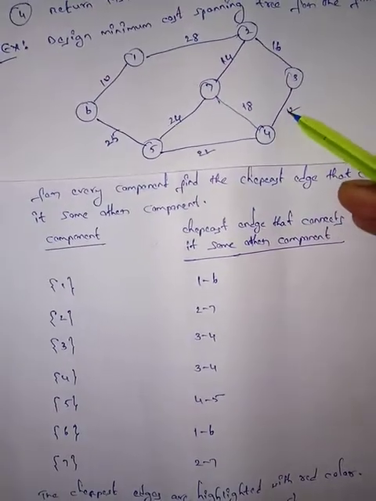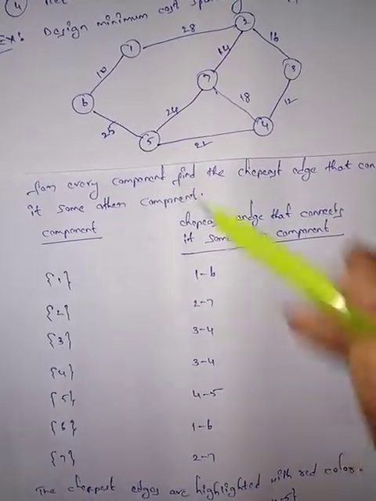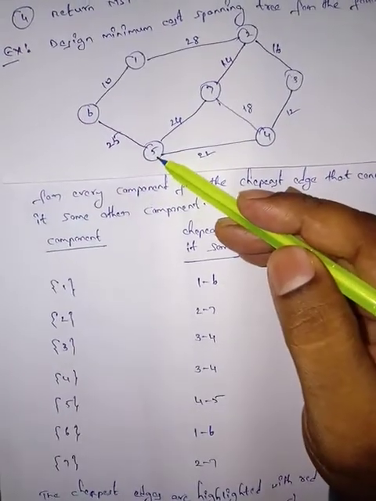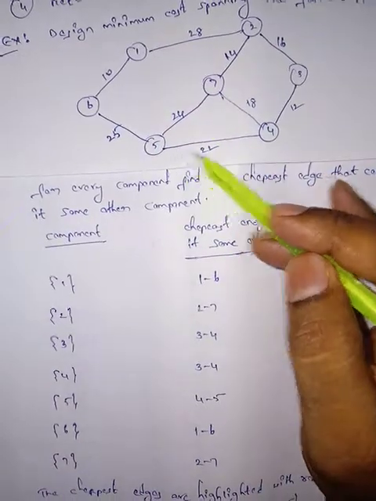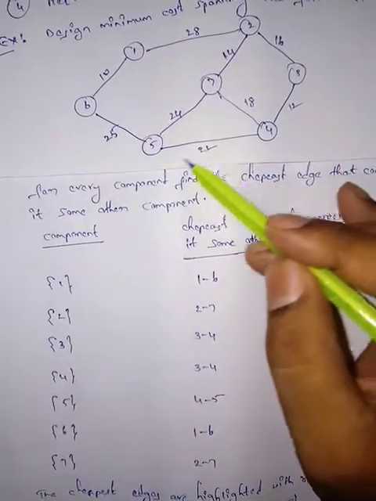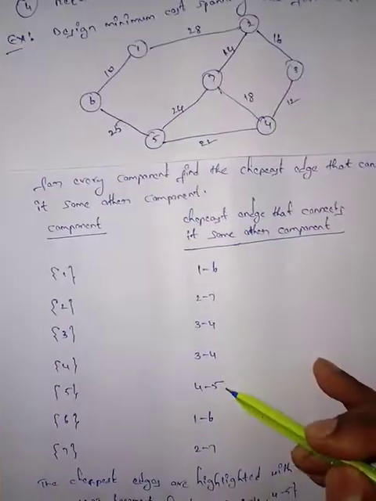This is the minimum cost, 3 to 4. Again 5. Here 5 is connected with 3 edges. Out of these 3 edges, this is the minimum cost, 22. That means 4 to 5.